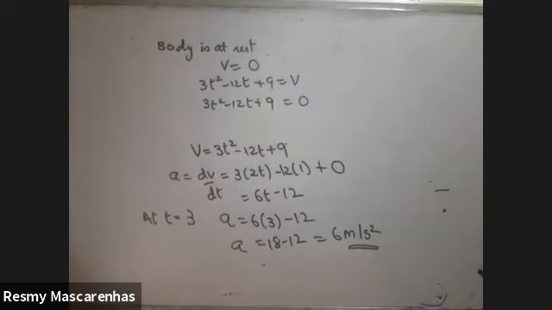If anything is common, take out common first. So here 3 is common. So remove 3 common. Whether I write V this side or this side doesn't matter.